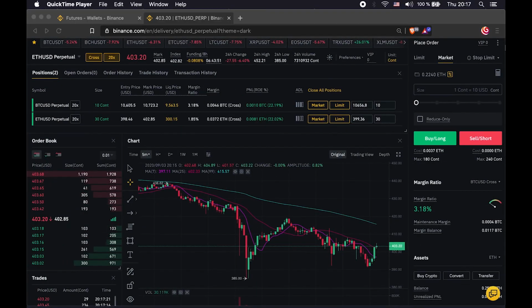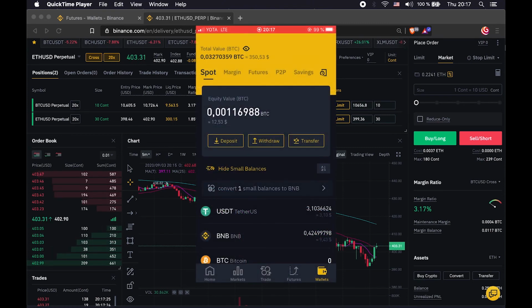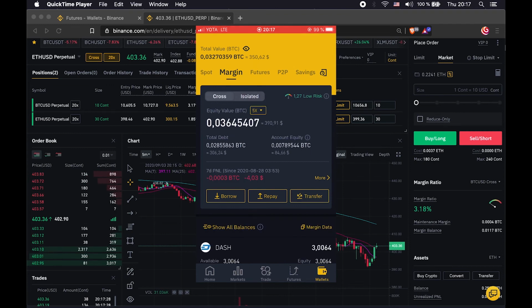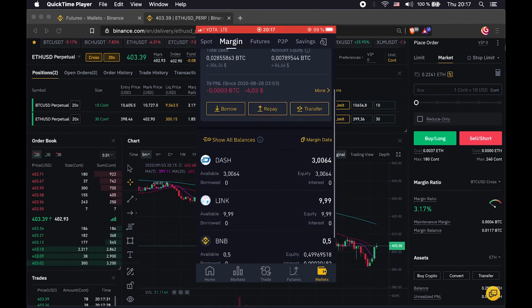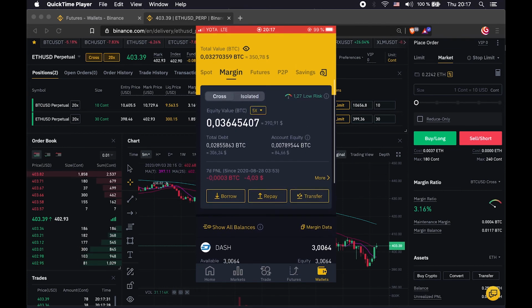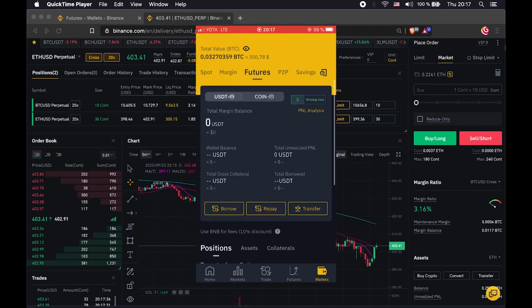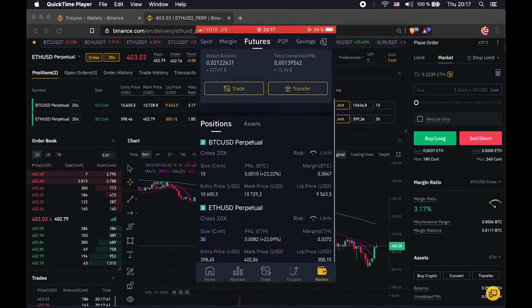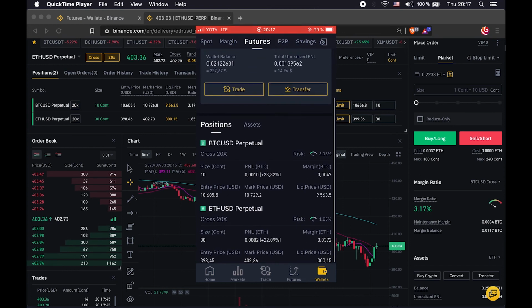And here comes the most important part. Why do you need a mobile app? Look, this is why. You can open it and you will see pretty much completely the same: all your positions, all your wallets, a very useful, friendly interface, nice design, nothing is glitching. Even if your browser or computer glitches a little bit, the mobile app is working very well.